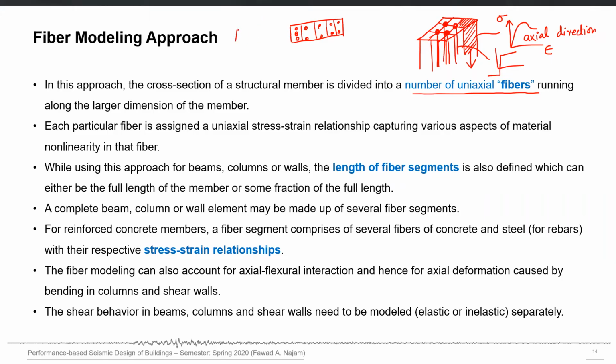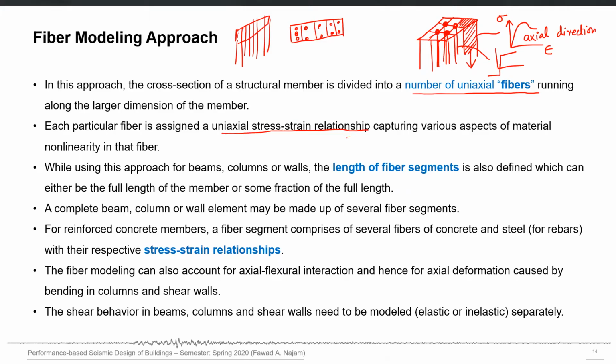If you look at the 3D view, it may look like this: if this is your shear wall in 3D view, all of the fibers are running along the length. Each of them will be given a uniaxial stress strain relationship.